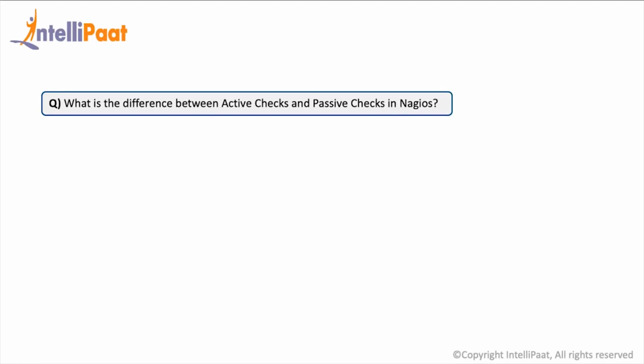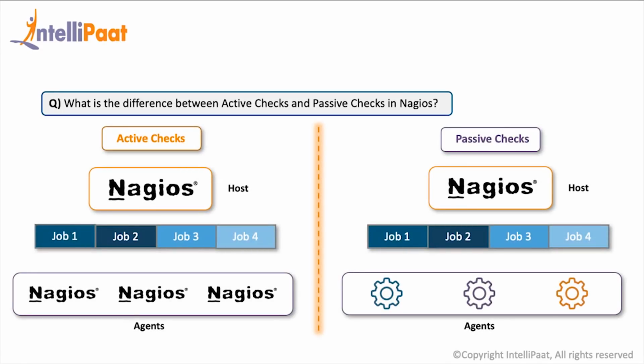Our next question is, what is the difference between an active check and a passive check in Nagios? Okay, so in Nagios, if the monitoring data that you're getting from your clients is being delivered by a Nagios agent, in that case, it is called an active check. Reason being, Nagios is actively involved in collecting all the data from your clients.